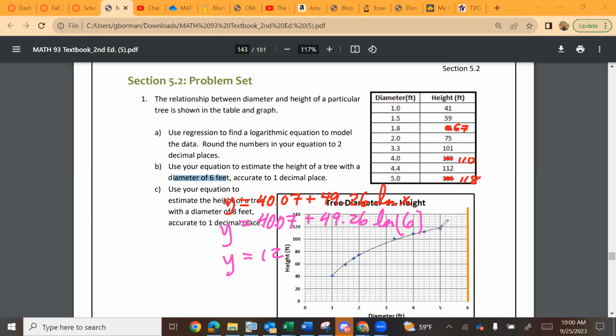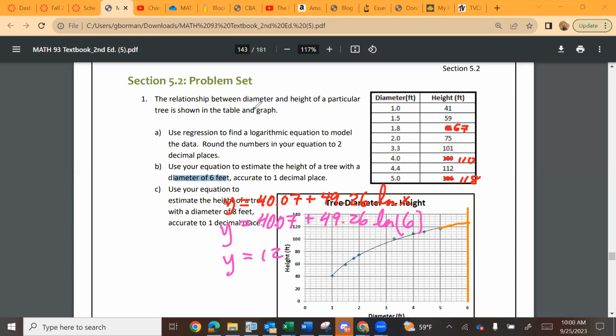If I draw a little further, maybe about like that, that's going to hit right about there. It looks like it's hitting just below the 130 mark, which is consistent with our 128.3. So if I double check it off the graph, I feel pretty comfortable with my answer. Okay, part C.